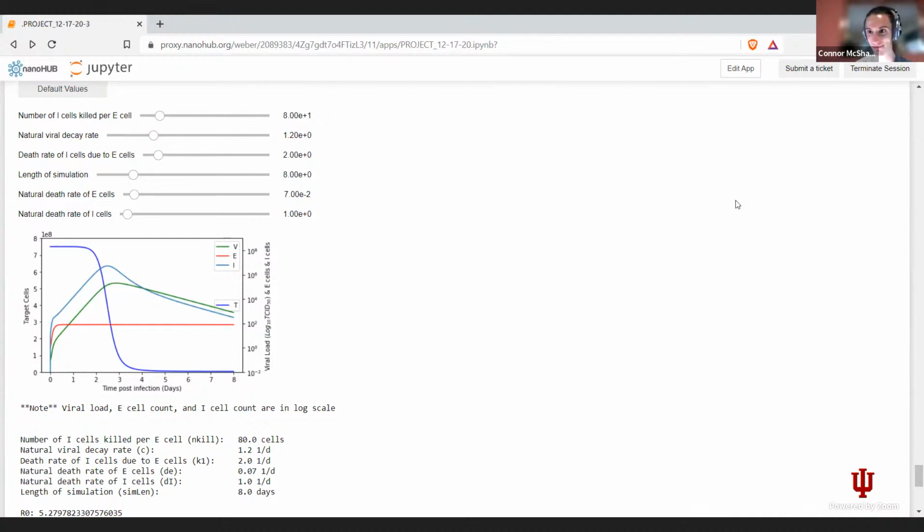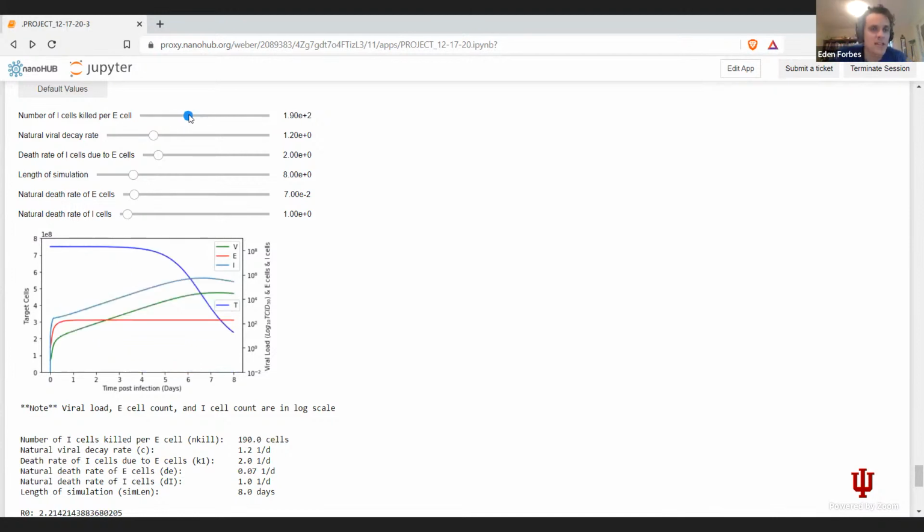Yeah, that's all right. So in this case, Connor already did it, but when you pull the first slider, you can sort of see the effectiveness of these effector cells on the infected cells. And you can see basically the peak of the viral load is significantly delayed.